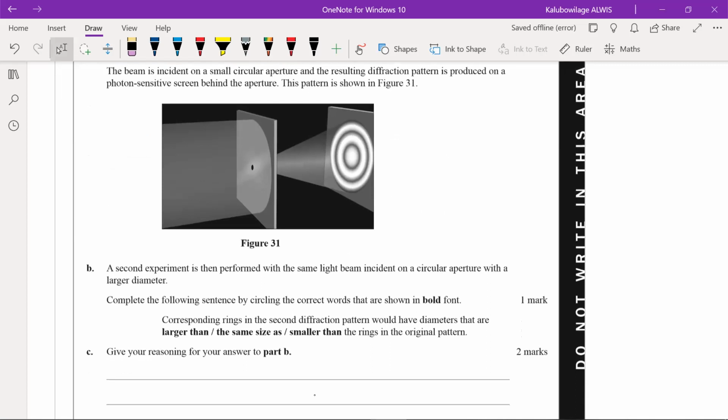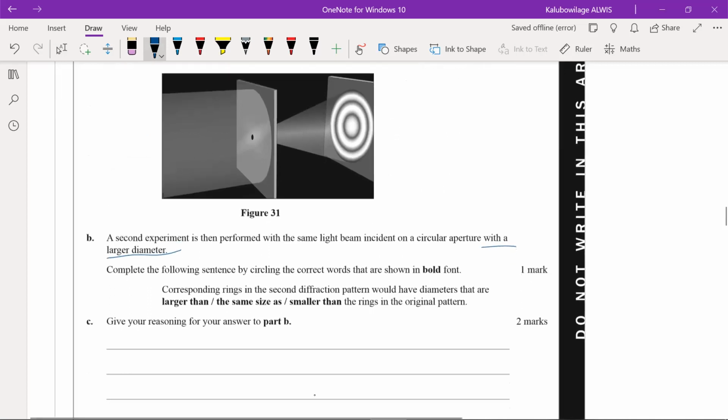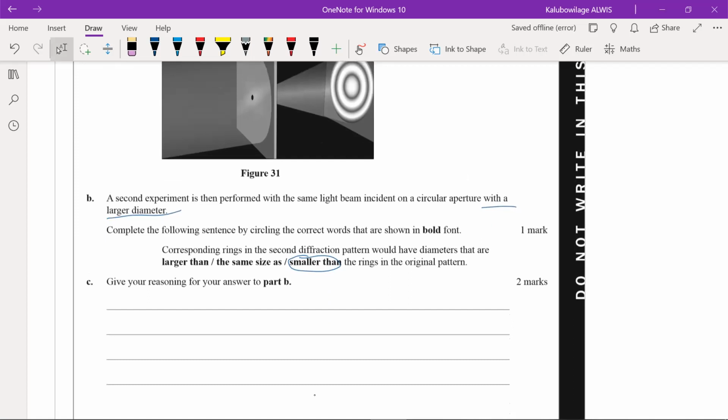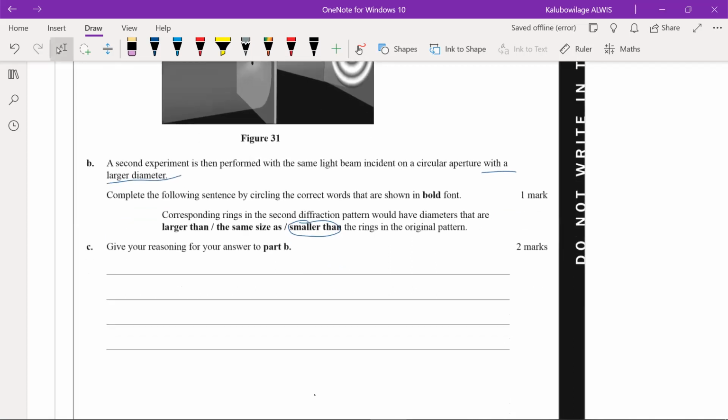Corresponding rings in the second diffraction pattern would have diameters that are smaller. Using the fringe spacing formula, or the extent of diffraction, either one, you get smaller rings than in the original. So give your reasoning.